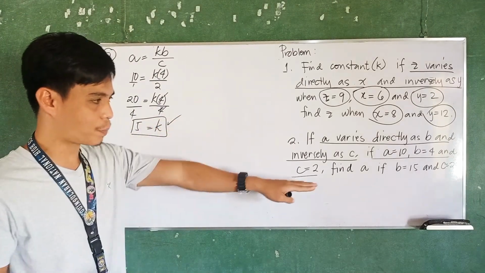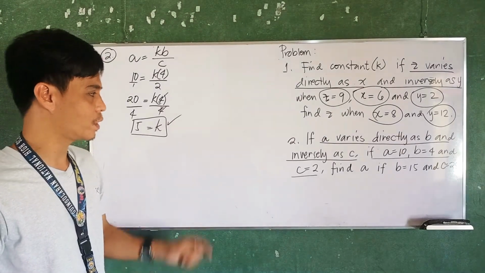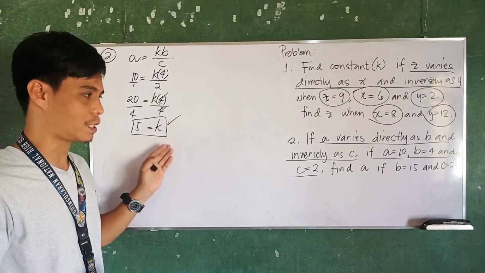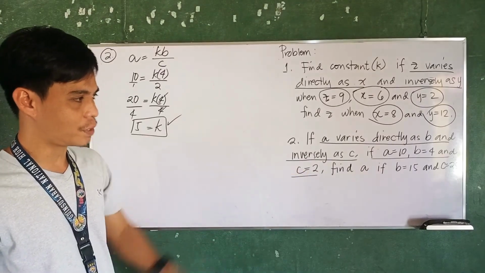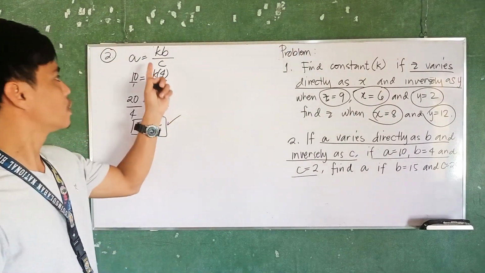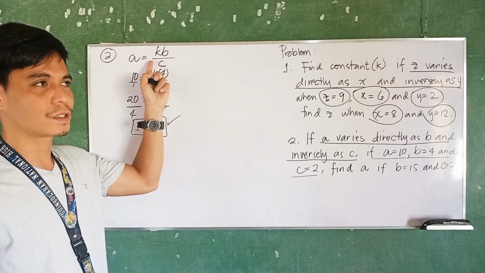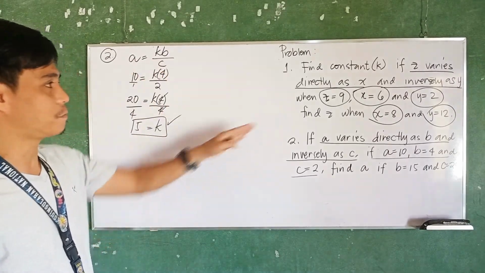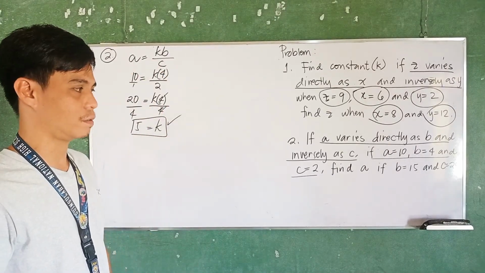So since meron pa tayong pangalawang situation, so magagamit natin yung constant value natin. So find A if B is 15 and C is 25. So therefore, gagamitin natin again the same mathematical symbol for the combined variation.